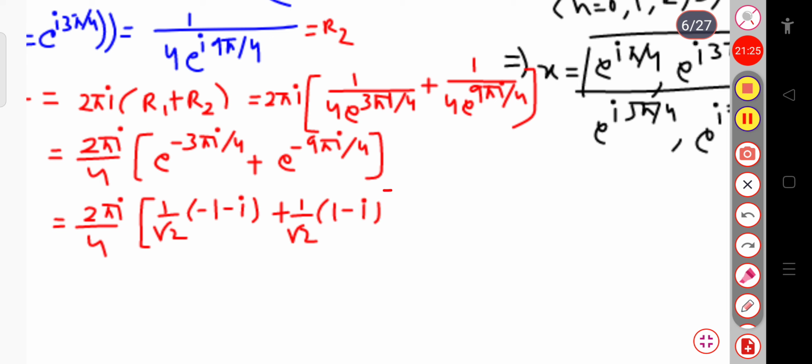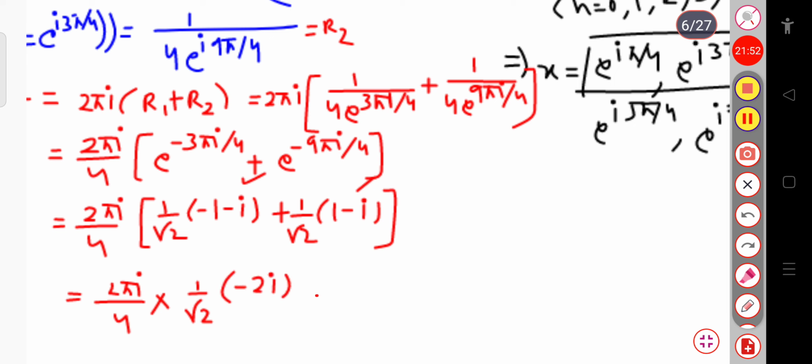Now if I solve this one, this 1 by root 2 into minus 1 and this 1 by root 2 into 1, these two terms get cancelled. Then minus i into 1 by root 2, and here also a minus i into 1 by root 2 term is present. So this is equal to 2 pi i divided by 4 into 1 by root 2 into minus 2i.